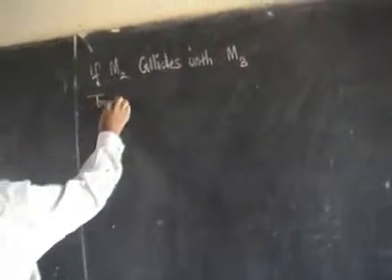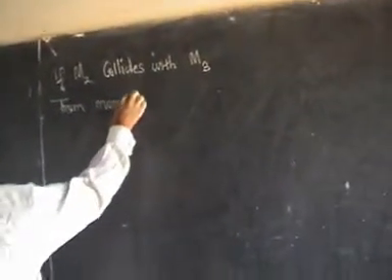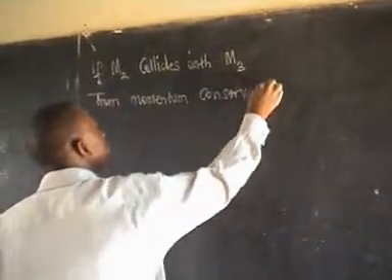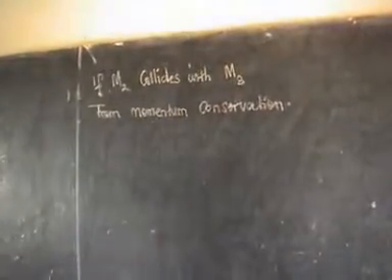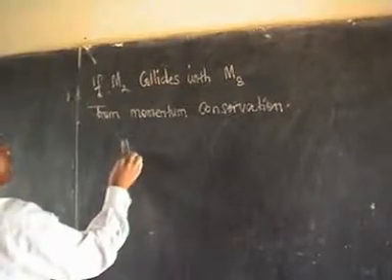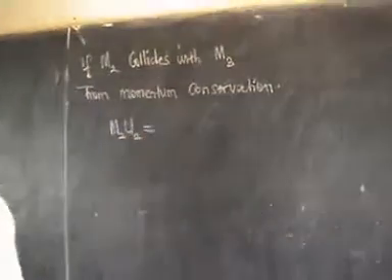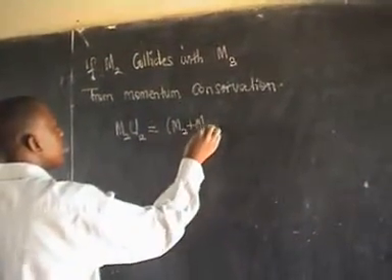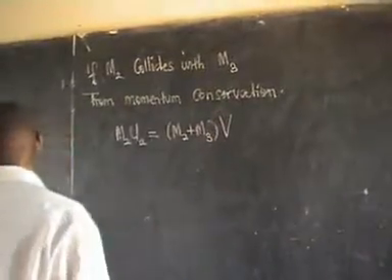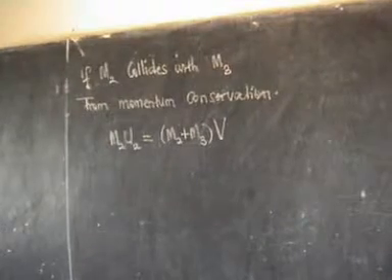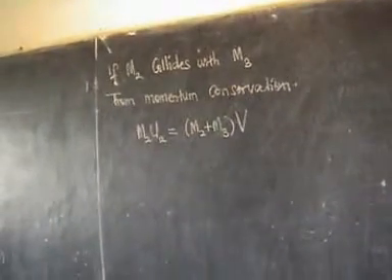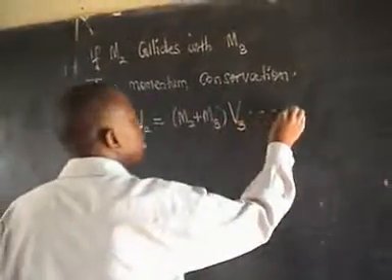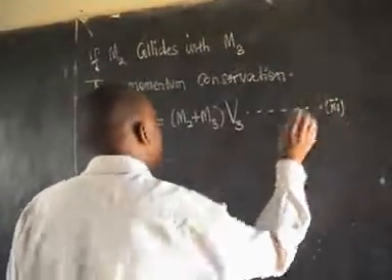So from momentum conservation, we shall have M2 U2 will equal to M2 plus M3 into V, where V will be the speed with which they move, actually what is called the V3. So this is now my third equation.